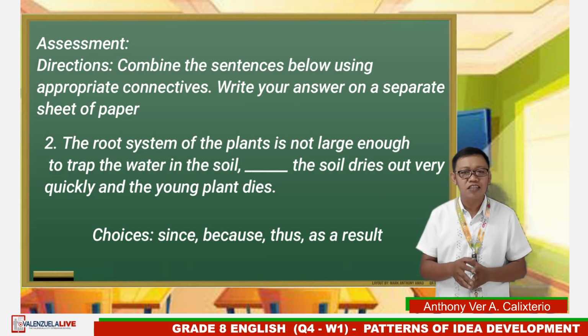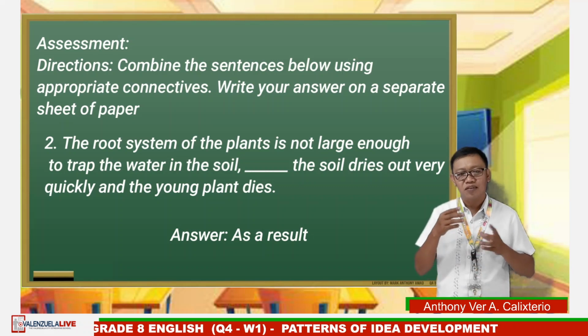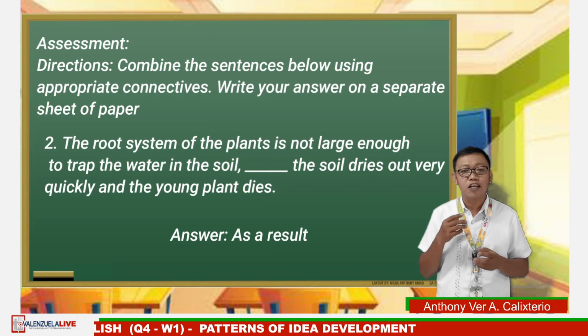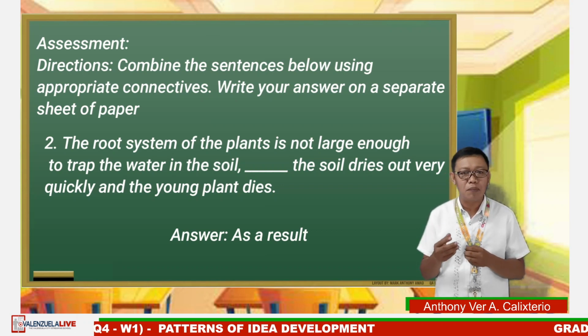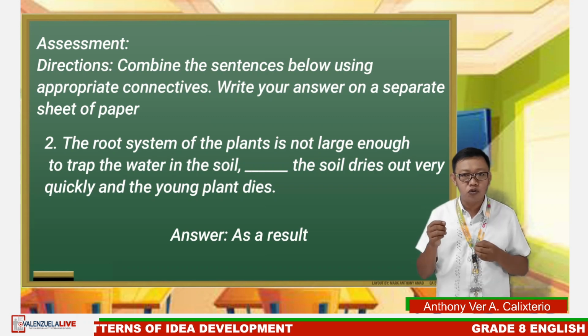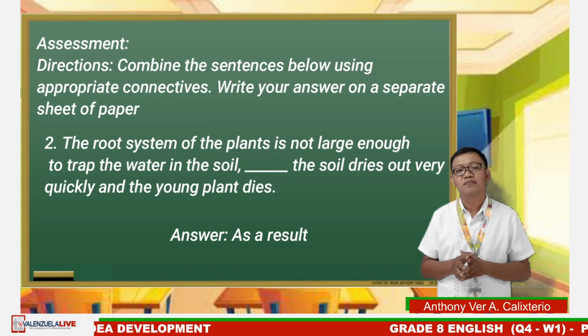The answer is the phrase as a result, because it says here the root system of the plants is not large enough to trap the water in the soil, and as a result the soil dries out very quickly and the young plant dies.